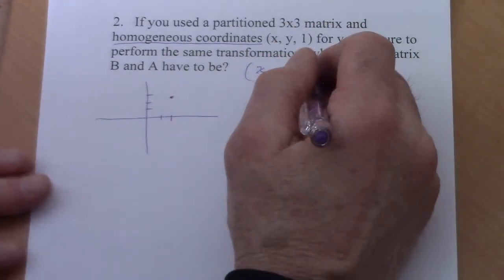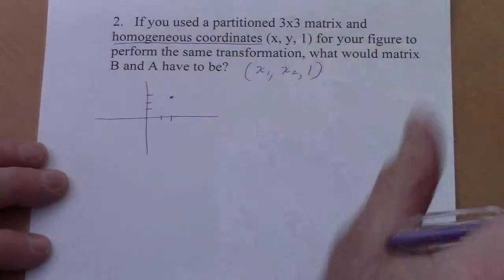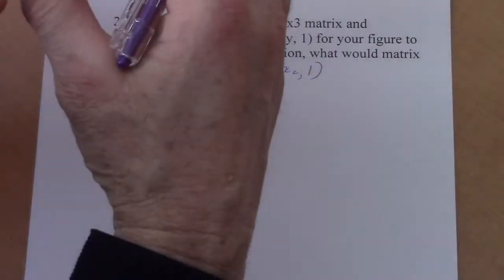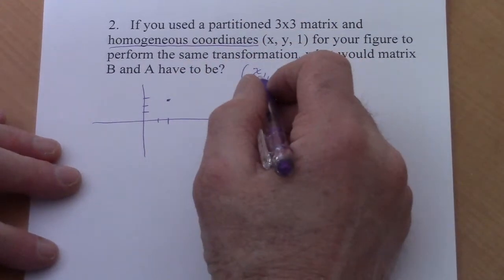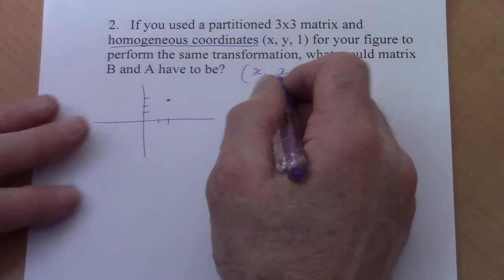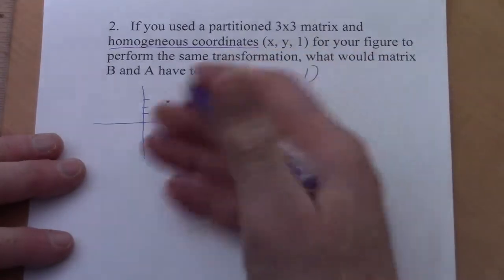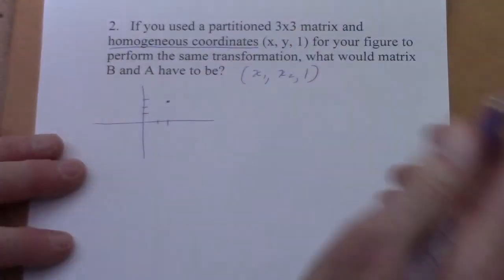Because we can't do any translations, all we've been doing is rotating and stretching and shrinking, and that's all you can do when you have just the regular rectangular coordinates. But with homogeneous coordinates, you'll see we're going to be able to slide these figures.